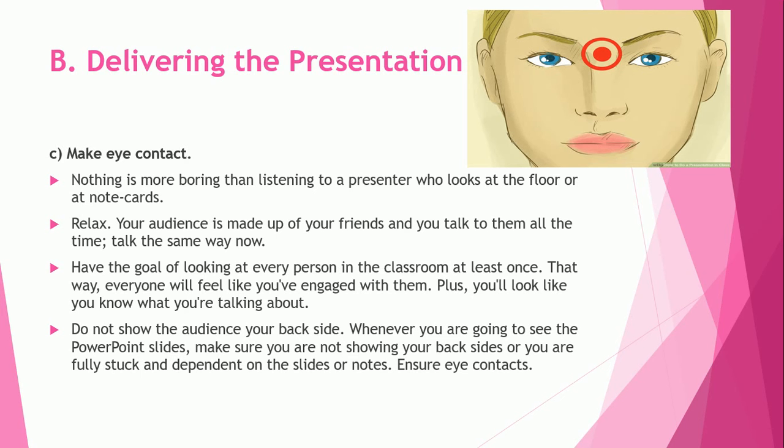When you look at them, try to look in between two eyes because it will ensure that everyone will think that you are looking at them, but in fact you are not looking at them. So in this way you can establish eye contact. You can make them think that you are looking, but simultaneously you are not completely looking at them.